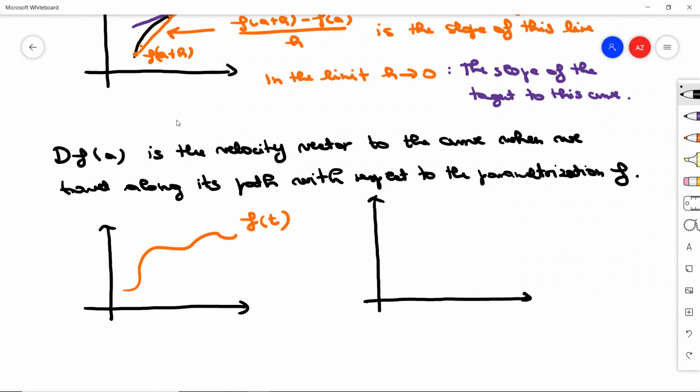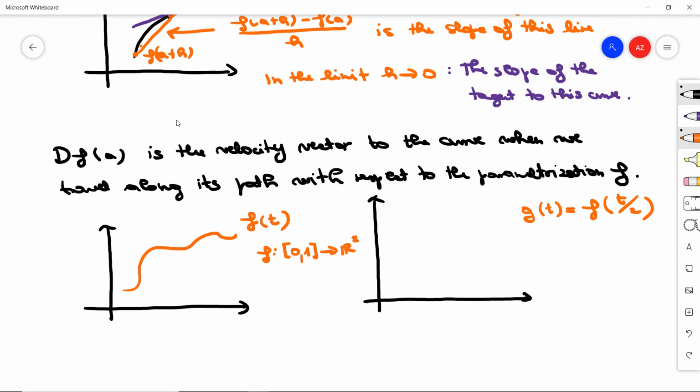What would be the trace of the curve we travel if we travel with another parameterization, which is g of t equals f of t half? Let's say that this f goes from the interval 0, 1 into R squared.